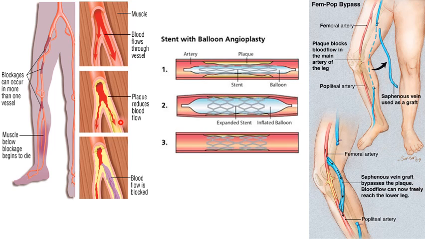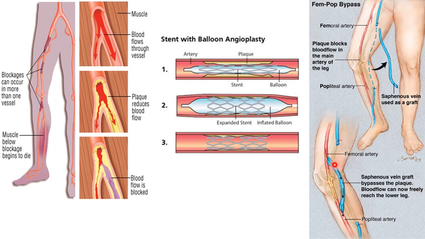obliterated arteries, occluded arteries. Another, open procedure: you can see it here, they can take part of the saphenous vein, and the saphenous vein is reversed and is grafted above and below the blocked vessel. It is reversed because you all know by now that the saphenous vein is full of valves.